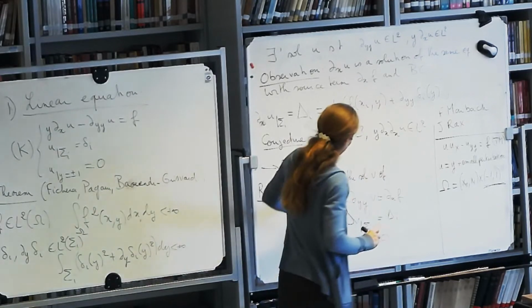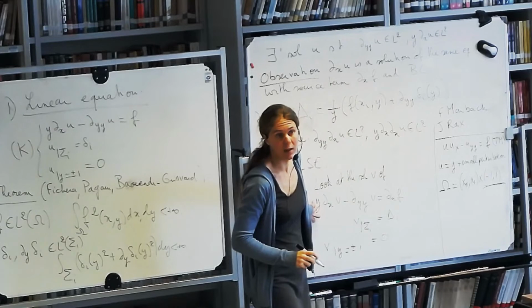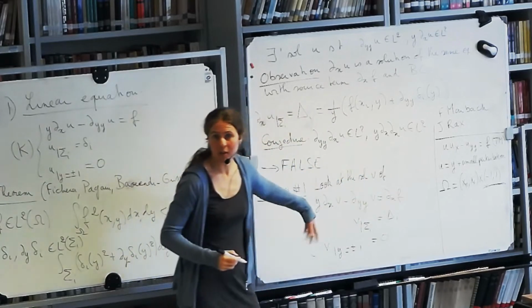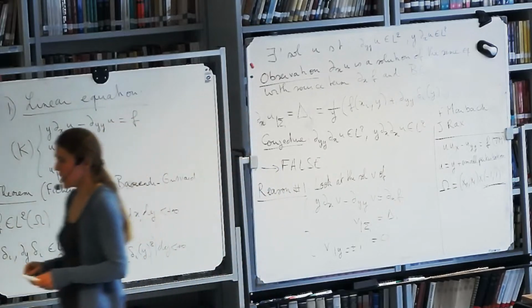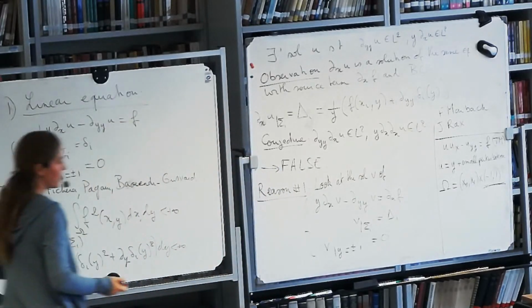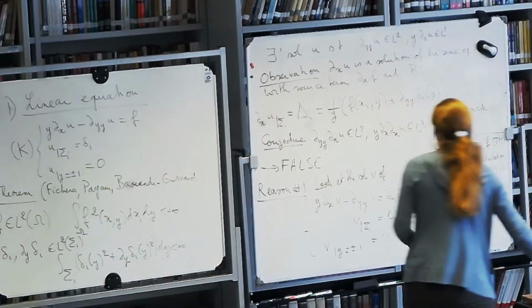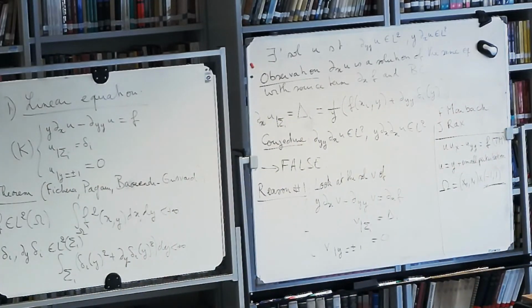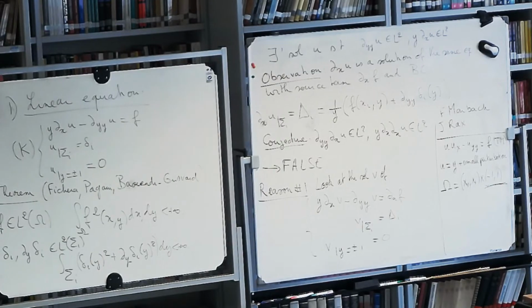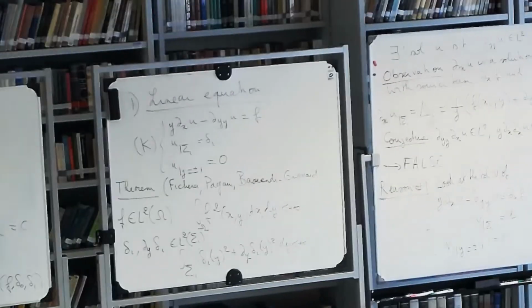So this one is a good candidate for ∂xu, because this is exactly the equation that is satisfied by ∂xu. And you want to check whether or not it's actually equal to ∂xu.